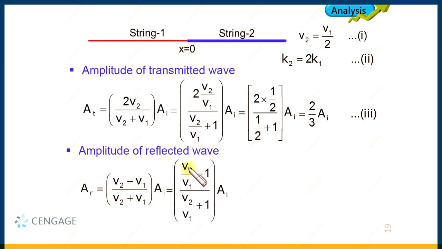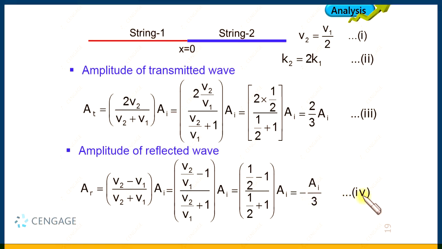Now, we can substitute V2 divided by V1 as 1 by 2. So, it is 1 by 2 minus 1 and 1 by 2 plus 1, and you can observe here this will be a negative value. Negative value means a phase change of pi, that is, the sense of oscillation of the medium particle will invert. So, this is equal to minus ai divided by 3. Let us call this equation number 4.